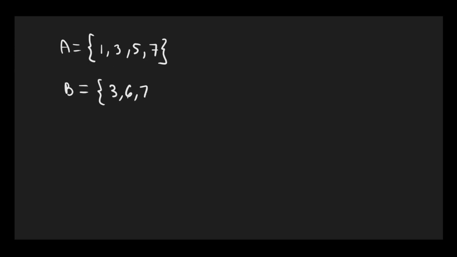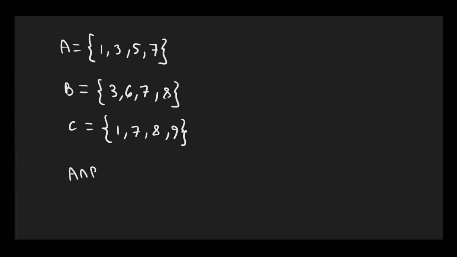Let's try the last one. Let's say we have A, which is 1, 3, 5, and 7. Let's say we have B, which is 3, 6, 7, 8, and C, which is 1, 7, 8, and 9. So how can we find the intersection of three sets?